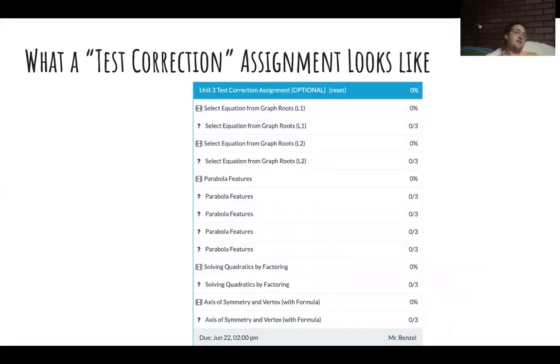So this student got a 40% on their mastery in unit 3. And this actually features the types of problems that they got wrong. And maybe instead of 5 repetitions, we give you 3 repetitions. So we make it a little shorter.